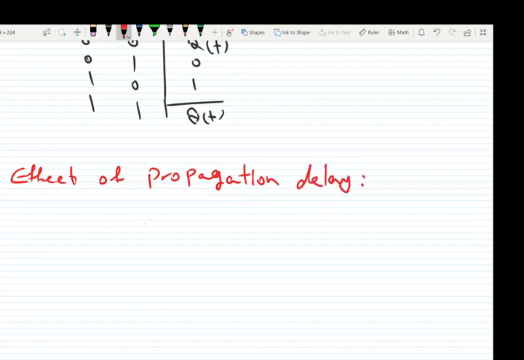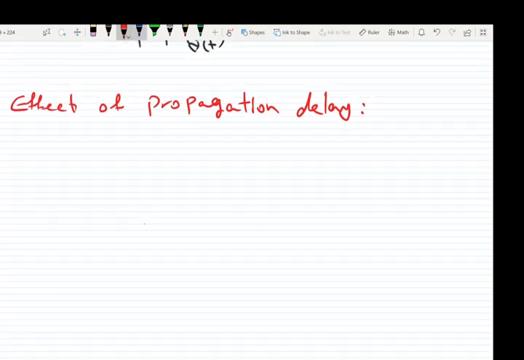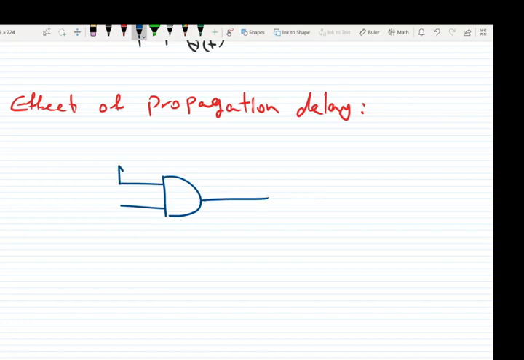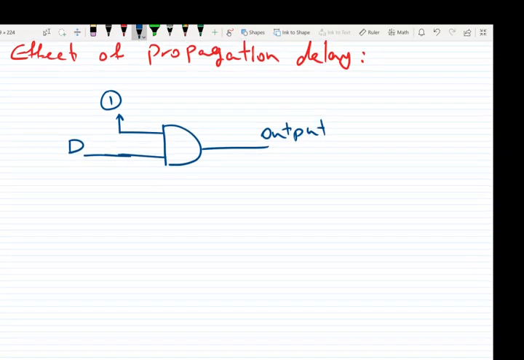What is the propagation delay? Let's assume we have an AND gate, and one of the inputs is connected to logic 1, and the other input is connected to input D, the data, and here we have the output.